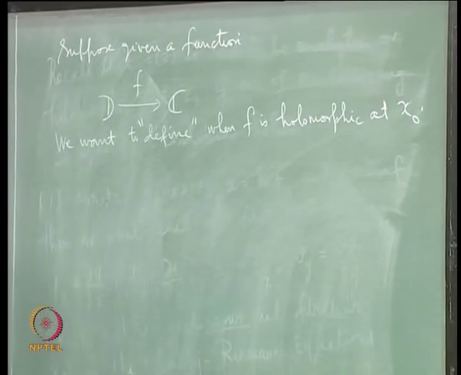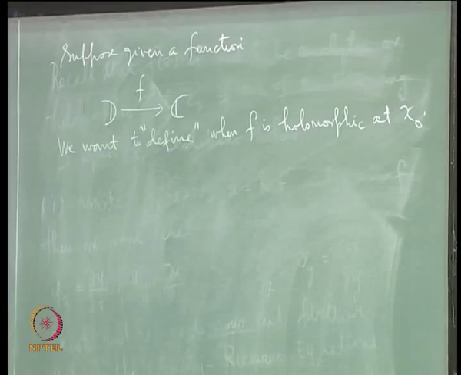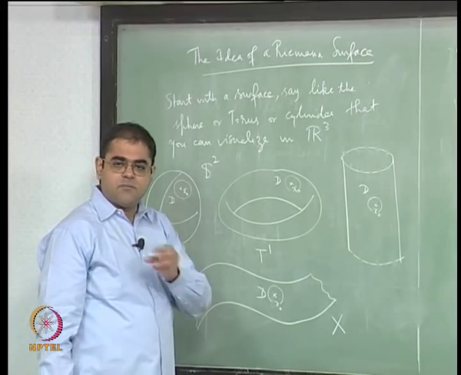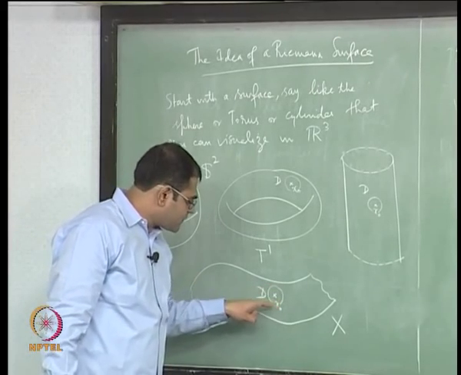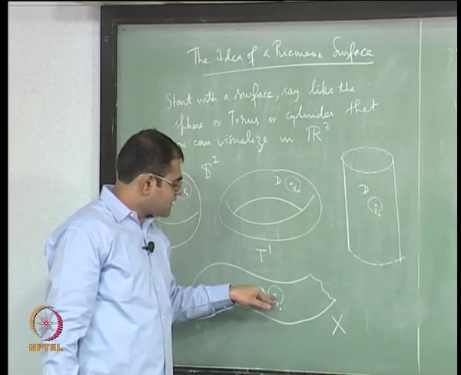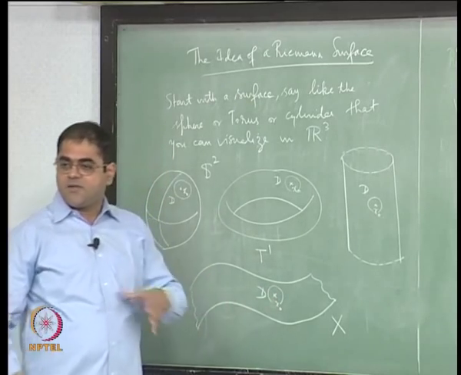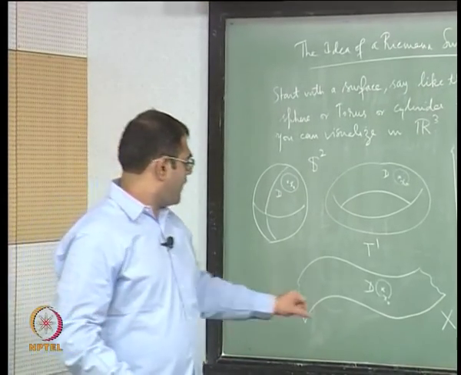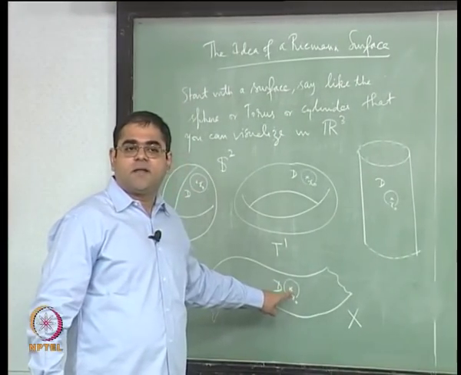I have a surface, a point, a small disk-like neighbourhood surrounding that point, and a function defined on this disk, and I want to be able to say in a nice, clear way, without any ambiguity, when the function f is holomorphic at that point x0.